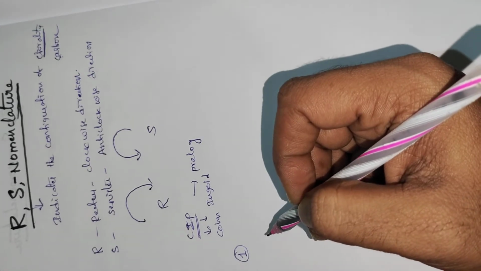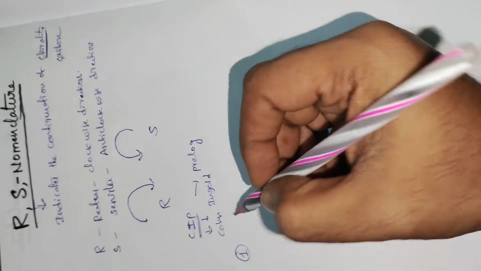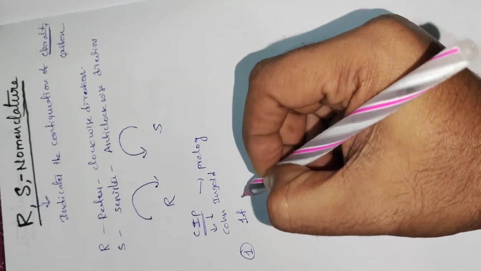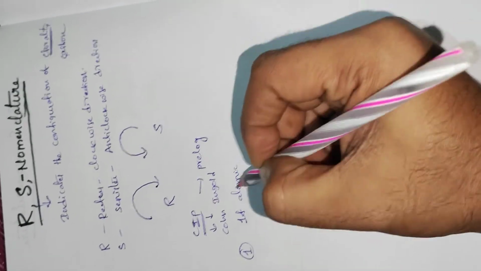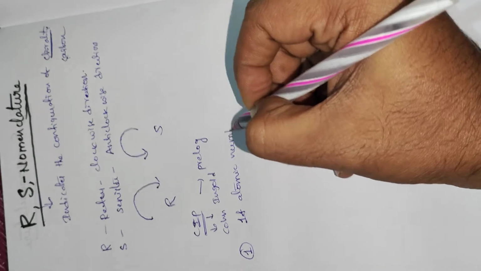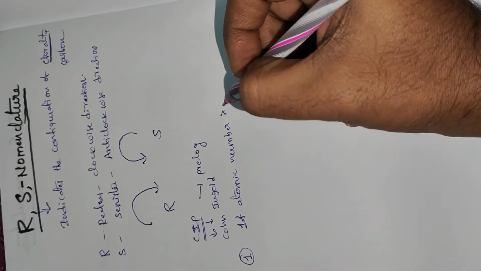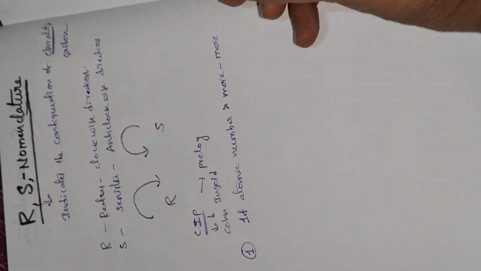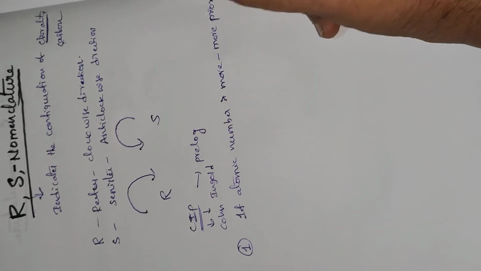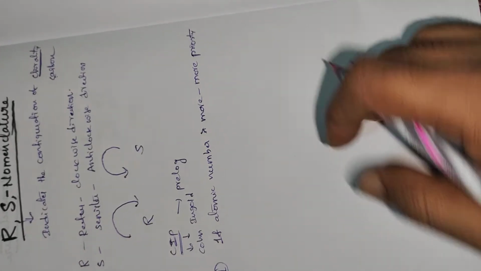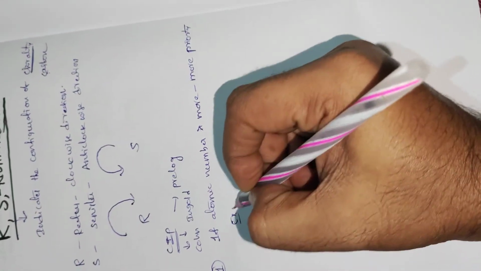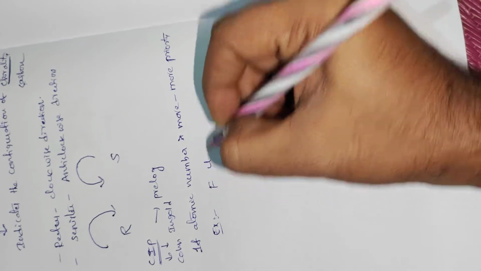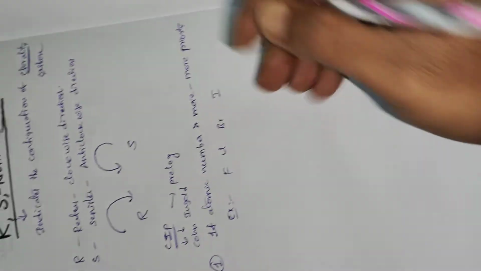First rule: if the atomic number is higher, it gets more priority. For example, fluorine, chlorine, bromine, iodine.